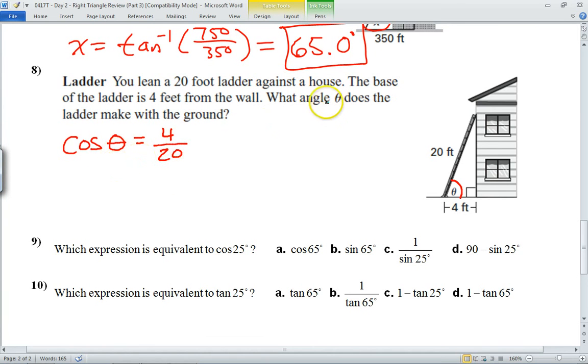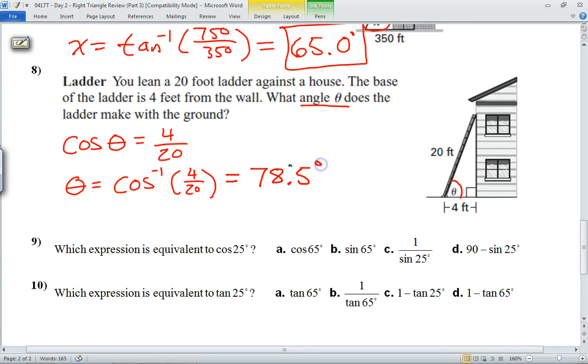But we're supposed to find the angle. So of course the angle is going to equal the inverse cosine of 4 over 20. Or I guess we could have put 1/5. So that's going to be 78.5 if we round to the nearest tenth. Degrees.